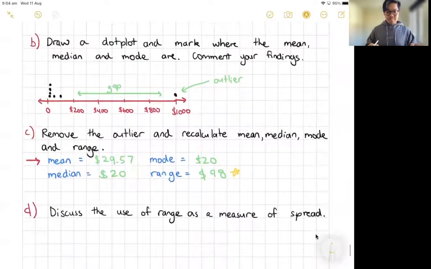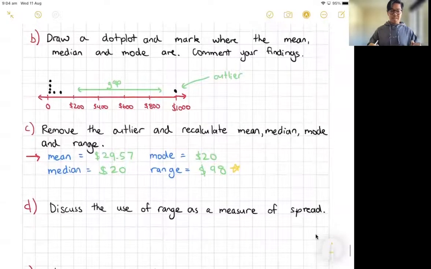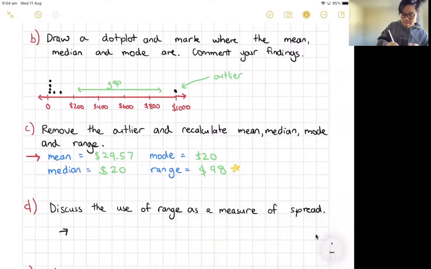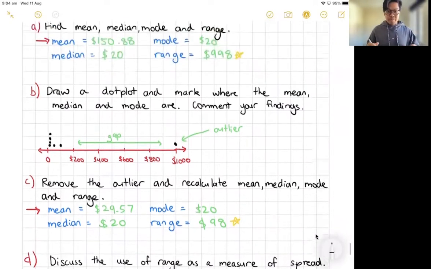Now, it says here, a question that they may ask you is discuss the use of range as a measure of spread. Right, now, if I'm talking about including the outlier, it says here that my range was 998 from before.